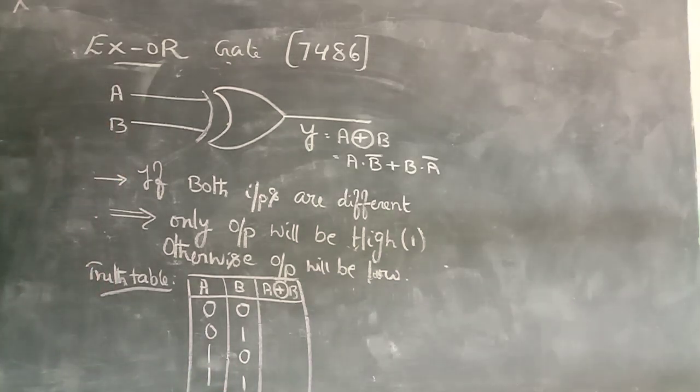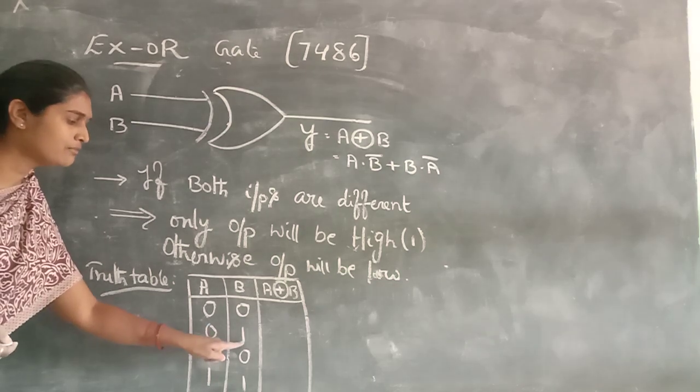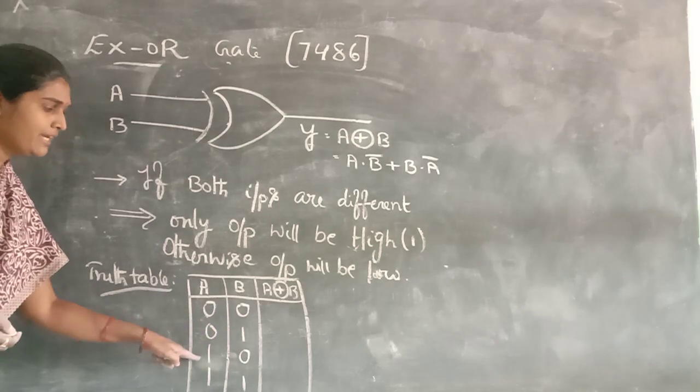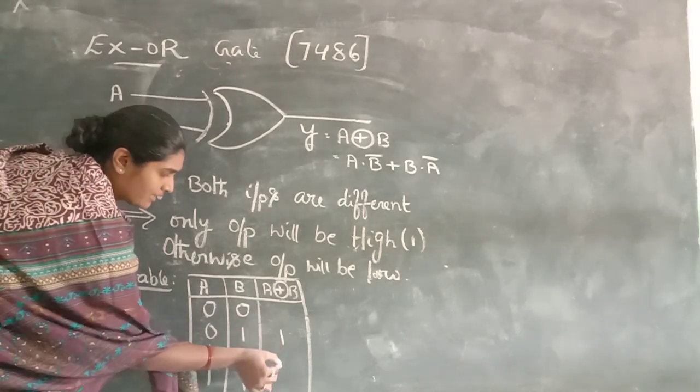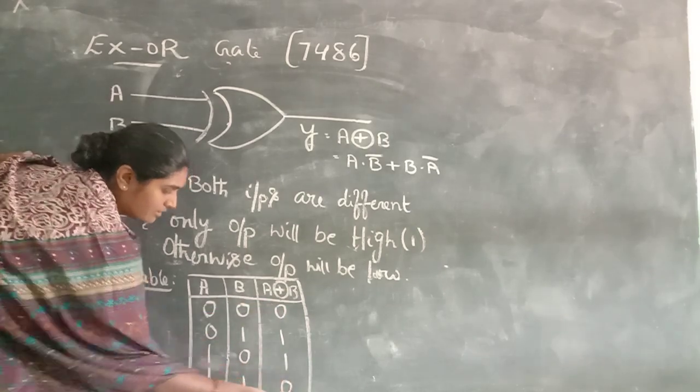What is the logic of the XOR gate? Both inputs are different. Here 0 and 1, 1 and 0. If both inputs are given in different ways, then only the output will be high. Otherwise, the output will be low.